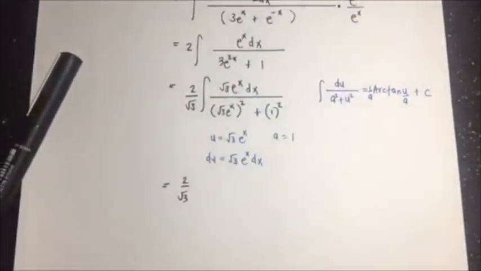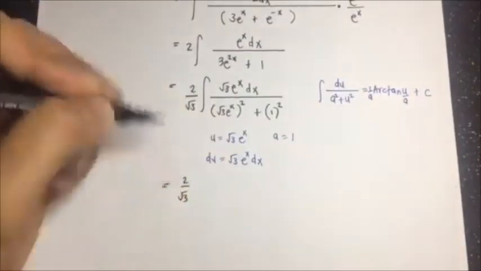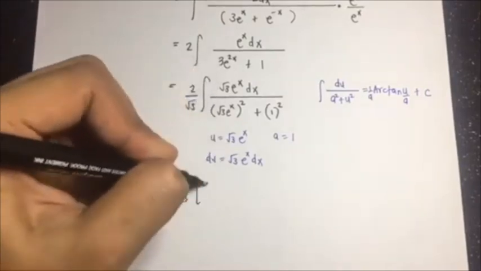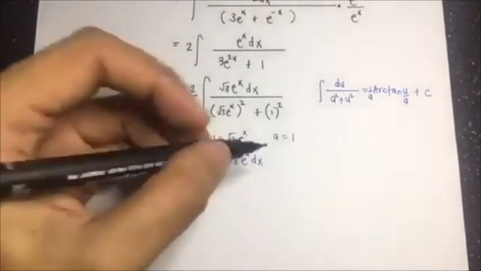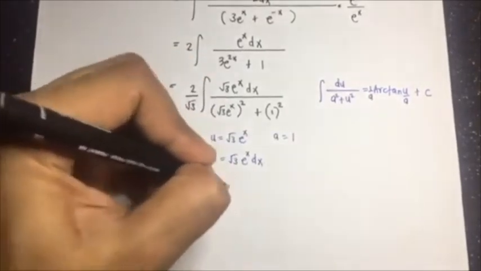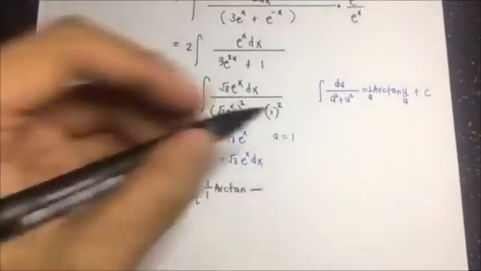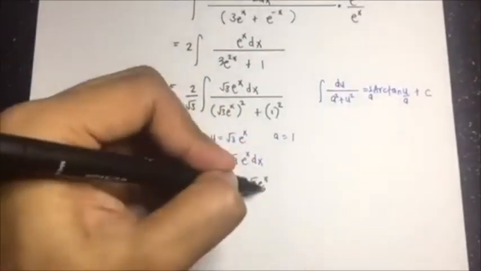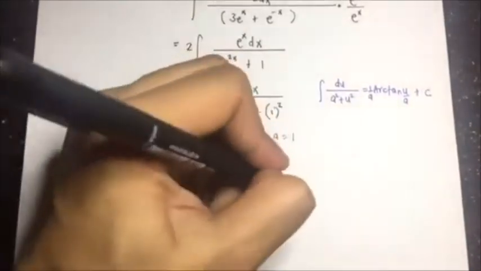Okay, sorry. So this will become 2 over square root of 3, and then the integral of this is 1 over 1 for a, and then arctan of u over a. So our u is square root of 3 e raised to the power of x over 1 plus c.